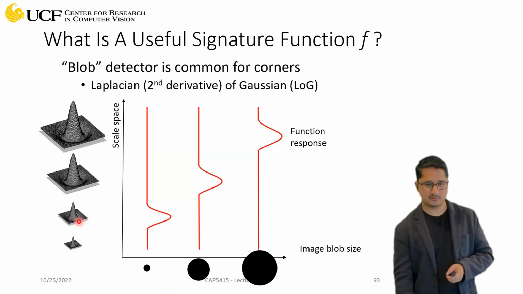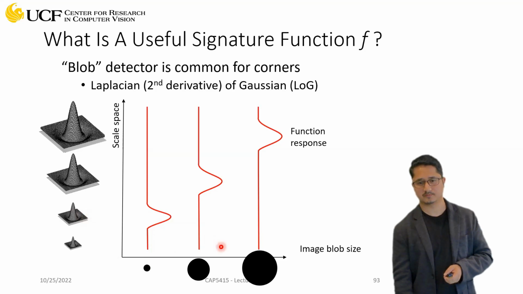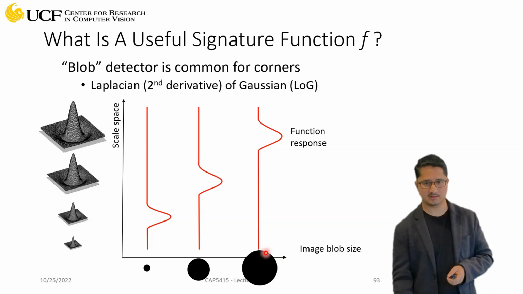So this kernel will give a high response for this particular blob because the size is almost similar. But it won't give you any response for this bigger blob, because that is at a much larger scale. Everything will just be filtered out. You won't get anything. And this red curve here is showing exactly that.